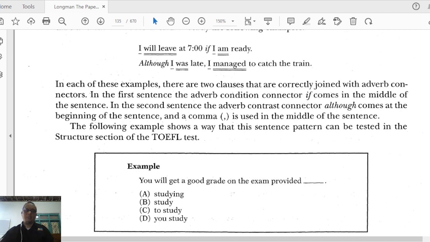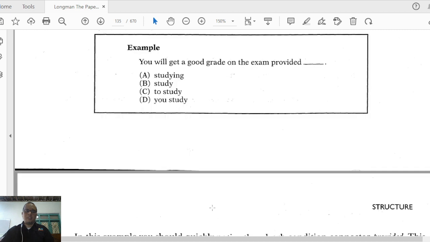The following example shows a way that this sentence pattern can be tested in the structure section of the TOEFL test. Okay. So we have here an example. You will get a good grade on the exam provided you study.